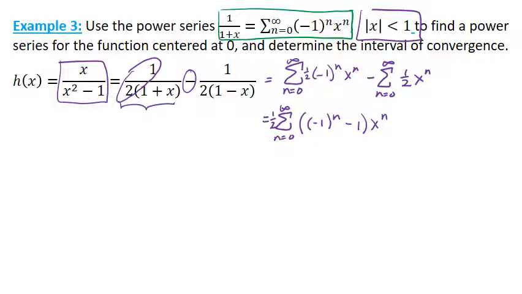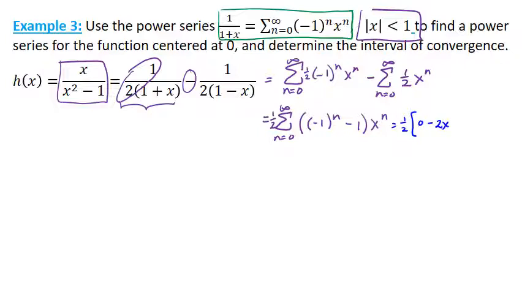Now, it's helpful to write several terms here so we can see what's going on. If I were to write several terms of this, I'd have this 1/2 on the outside. And then I would first plug in 0. When I plug in 0 here, I end up with 0. Minus, then if I plug in 1 for any n, I get a minus 2x.